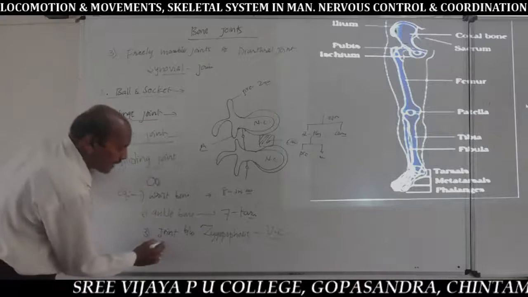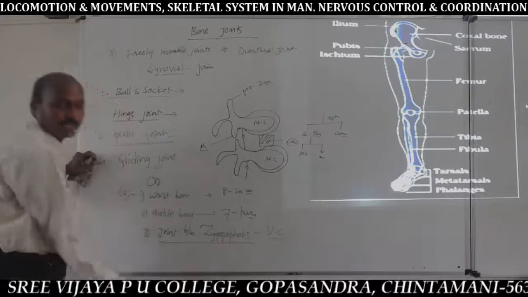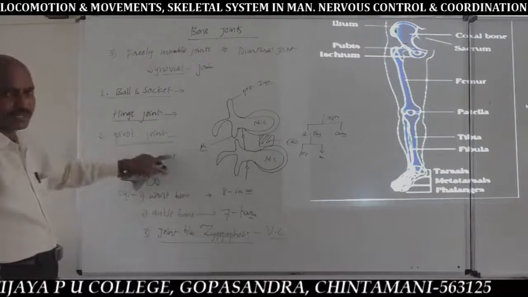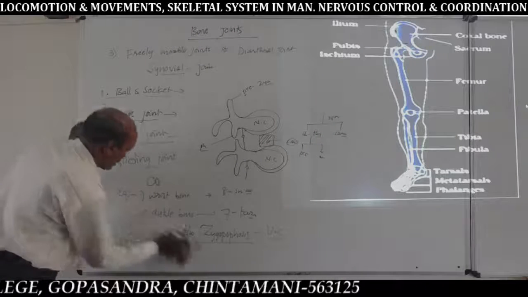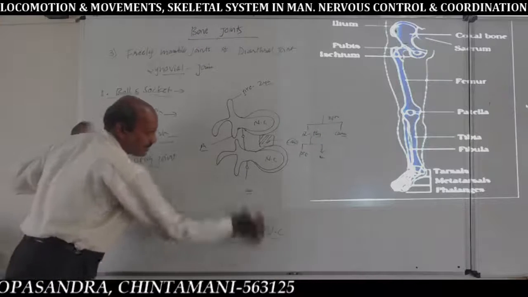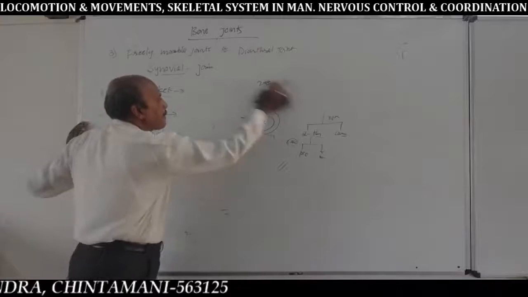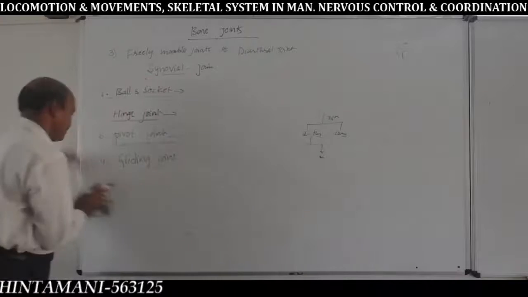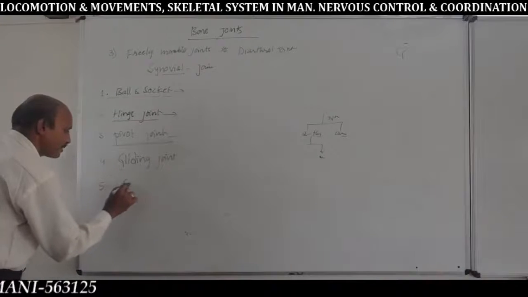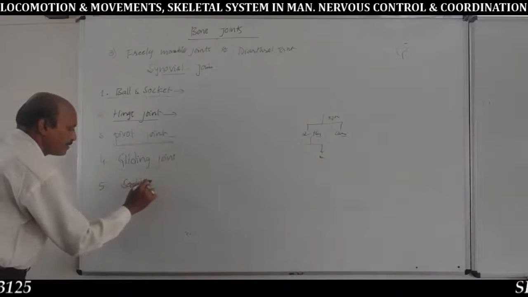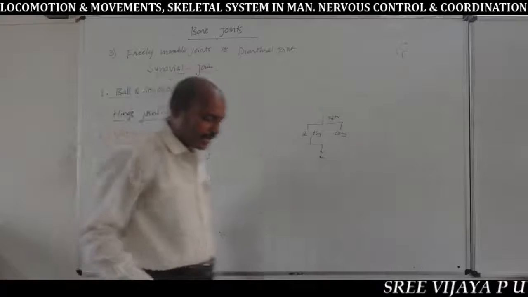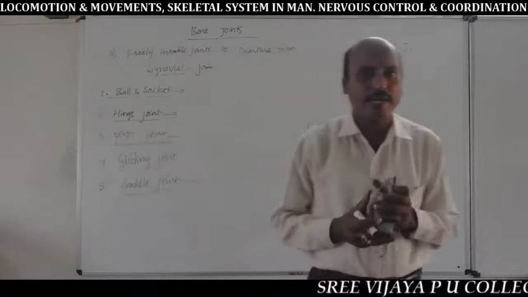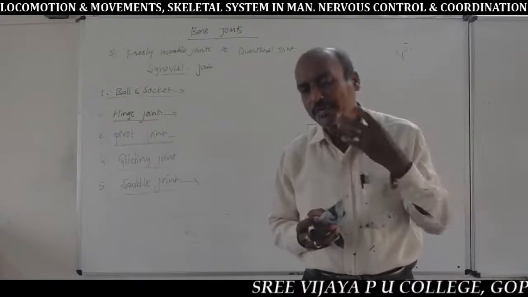So the joint between two zygapophyses is the gliding joint, and next to the gliding joint is the saddle joint. In the saddle joint, the ball and socket is incompletely developed.